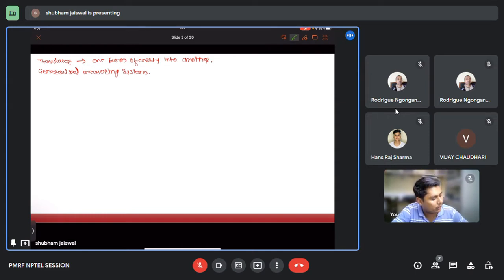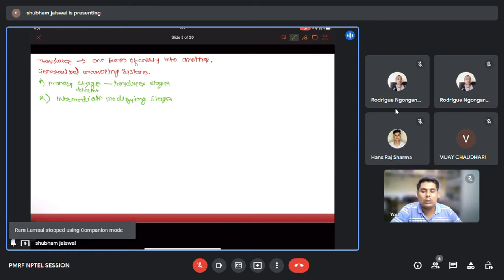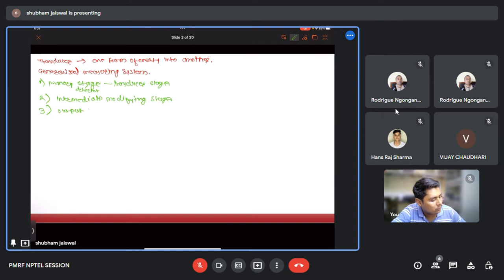The first one is the primary stage, which we also call the transducer stage, or primary detector. Similarly, the second one is the intermediate modifying stage. Also, the third stage is the output or terminating stage.